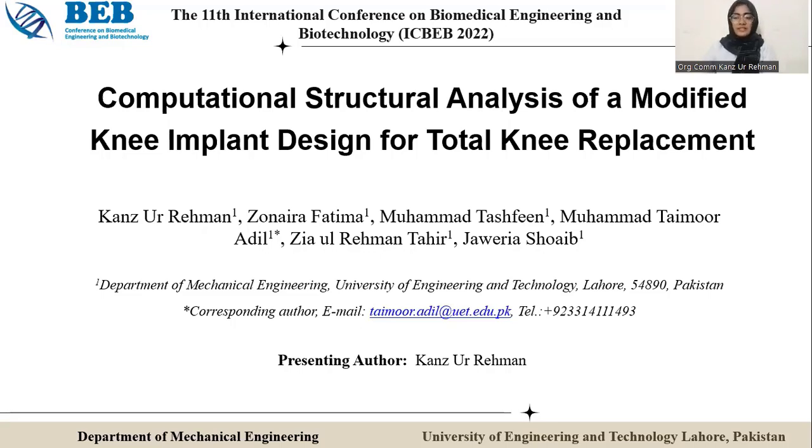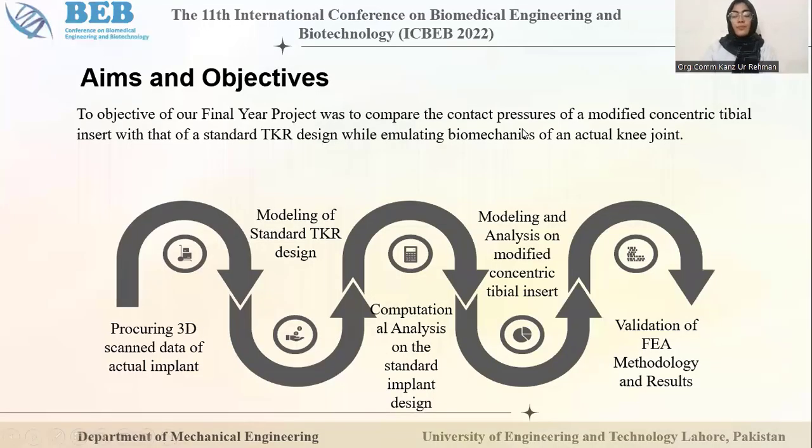The aims and objectives of our research were to compare the contact pressures of a modified concentric tibial insert with that of a standard total knee replacement design, while emulating actual knee biomechanics. To achieve these objectives, we first procured the 3D scan data of an actual knee implant.